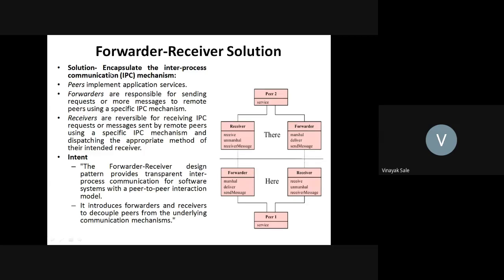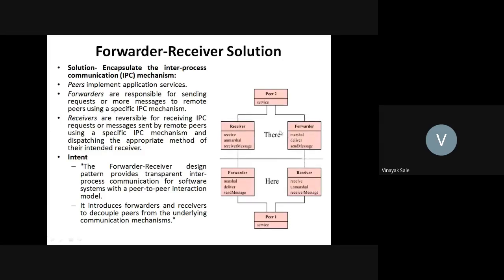So what is the solution? To encapsulate the interprocess communication mechanism, peers implement application services. Forwarders are responsible for sending requests or messages to remote peers using specific IPC mechanisms. So there are forwarders in this figure. This is peer one, known as here, and this is peer two, known as there.